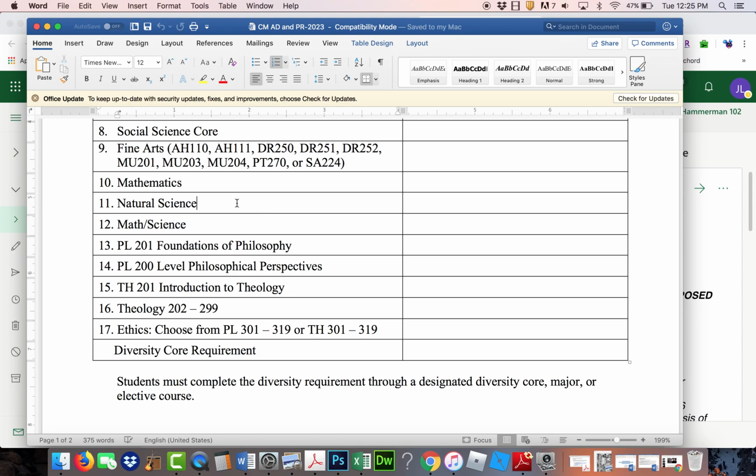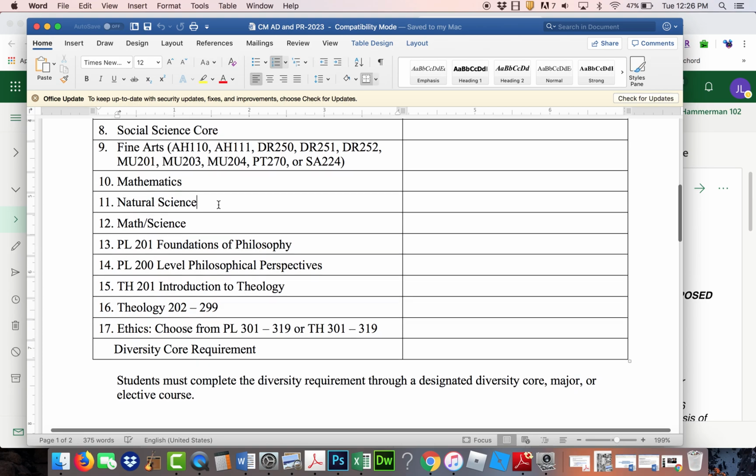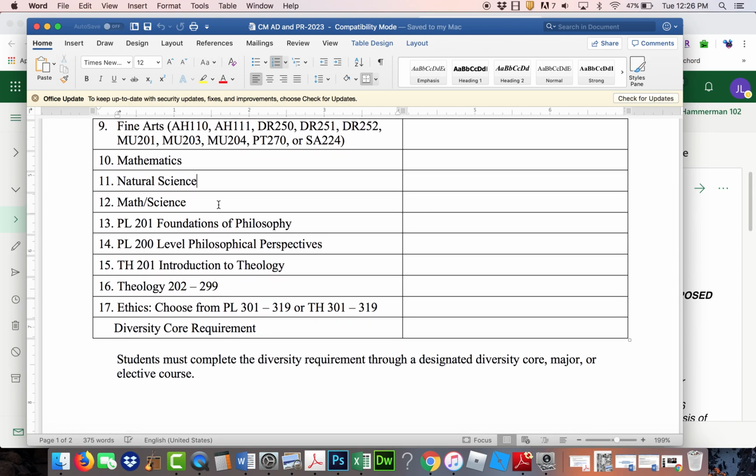It will say 3 credits, and it will say core course for non-majors. Whereas if you look up biology, a lot of the courses say 4 credits, and that's because it's the course plus a lab. So if you see a course that has a lab, it means it's for one of the science majors, like majors in biology, for example. So watch out for those and don't take those.